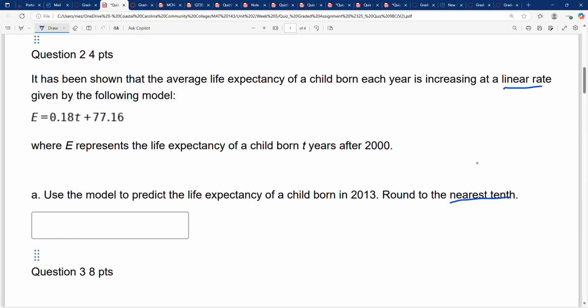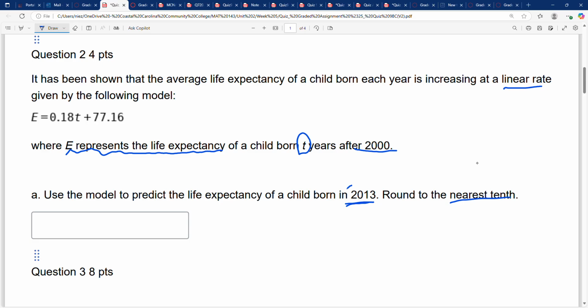So what is the t? Here, E represents the life expectancy of a child born t years after 2000. So t means how many years after 2000, and in A, we want to predict the life expectancy of a child born in 2013.